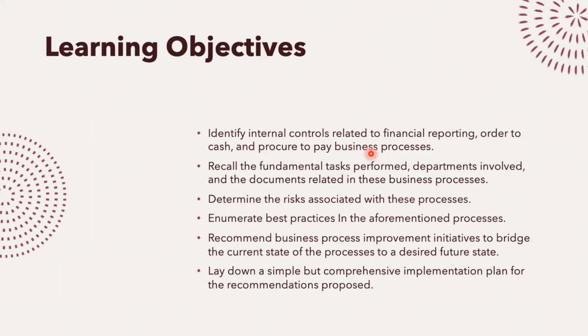So, ano naman sila, they have a corresponding counterpart, no? For the financial reporting, definitely this is your general ledger system slash financial reporting system. For your order to cash, this is your revenue cycle, while for your procure to pay, this is your expenditure cycle, particularly the purchasing and cash disbursement.